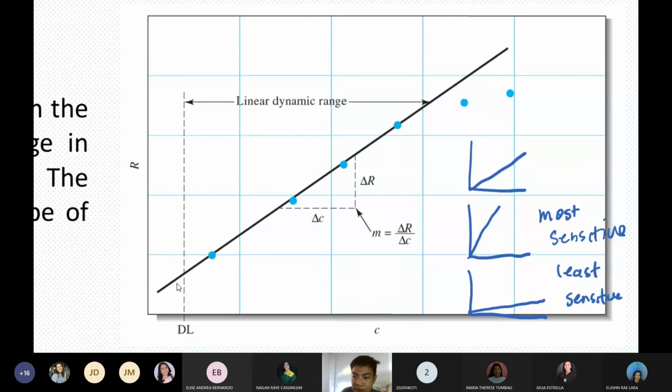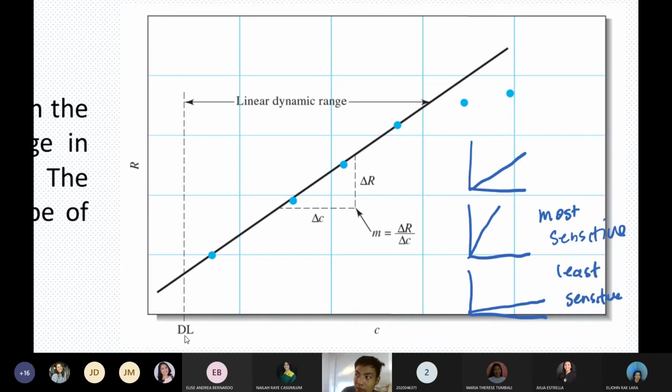Sometimes kasi sa super onti na ng concentration ng inyong constituent, ng inyong molecule sa inyong sample, pwedeng zero na yung ibigay ng instrument. Sa super onti niya, hindi na niya mabasa yon, nagsi-zero na lang yon. So that means may limit yung lower end ng graph natin. So when doing analysis, you do not solve for anything lower than the detection limit.